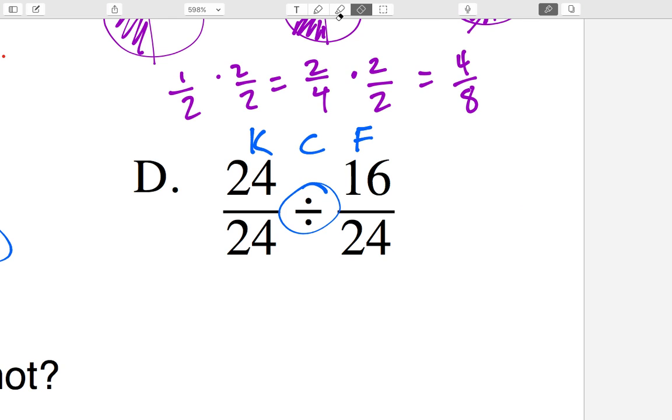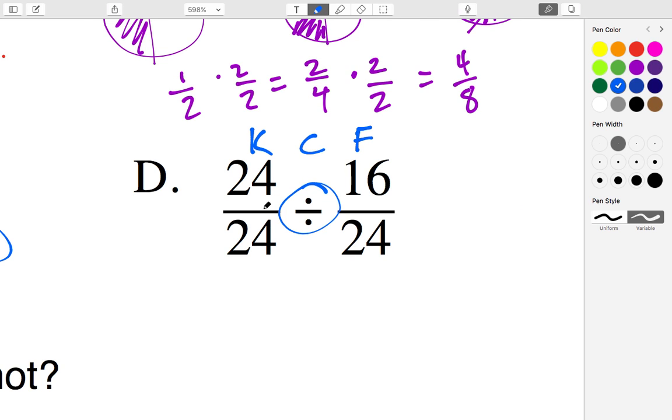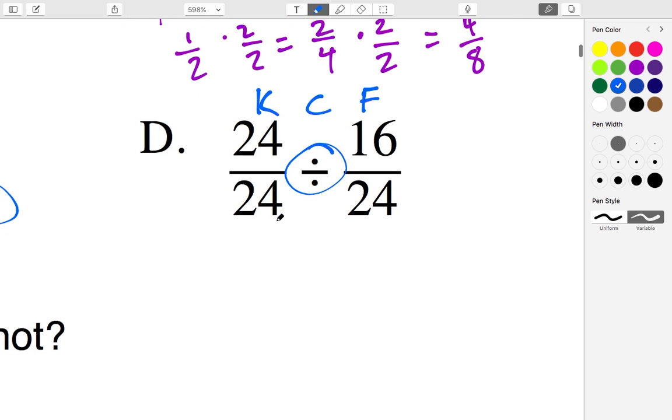So let's erase that. All right, now 24 divided by 24, we can make this a lot easier than it looks. Already heard the answer. 24 divided by 24 is 1. Divided by, now 16 over 24. We can reduce it or we can leave it like this, then do keep, change, change. Do you see what we could reduce it to?